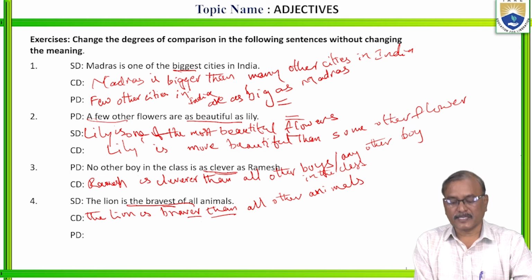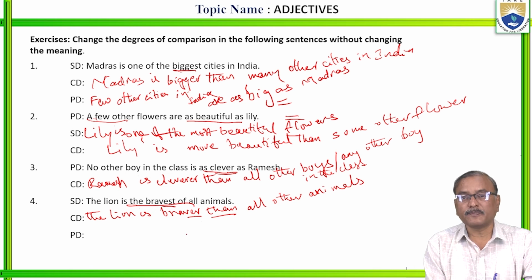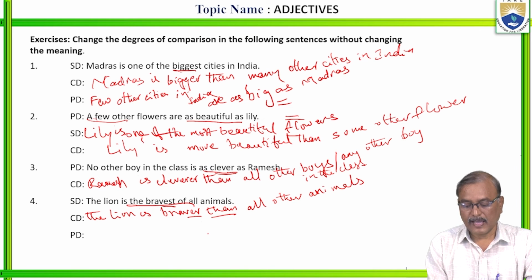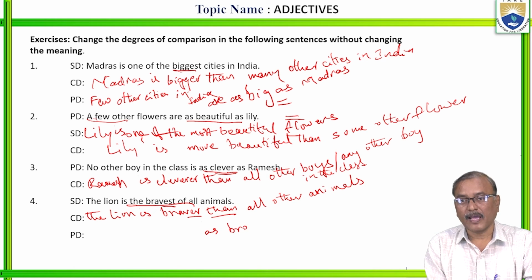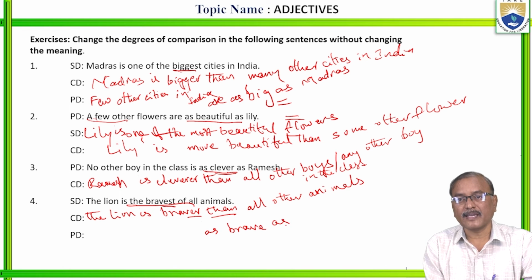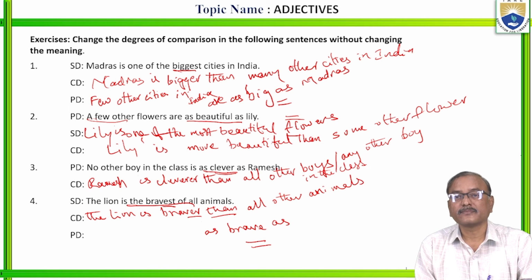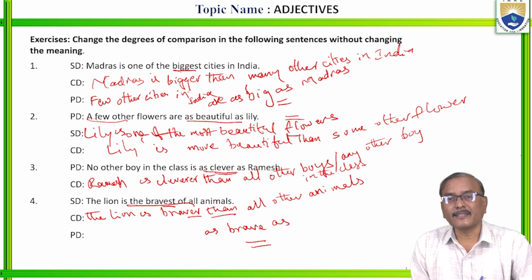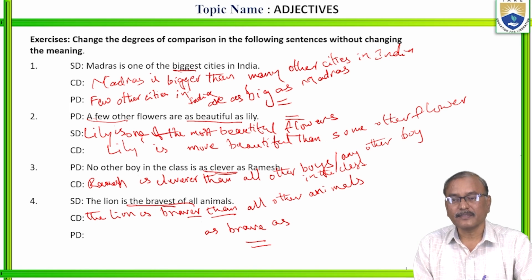Next, positive degree. When they ask us a positive degree, just write here as brave as. Simply write like this. As brave as means equal. Is there any other animal equal to lion?